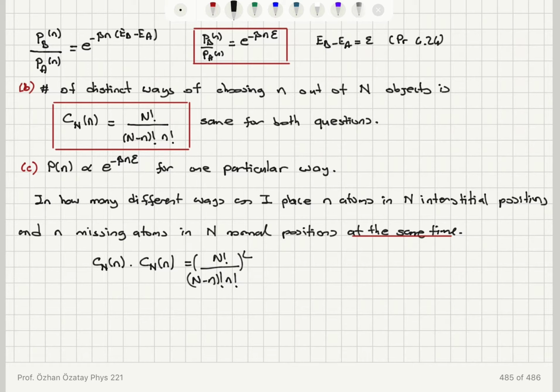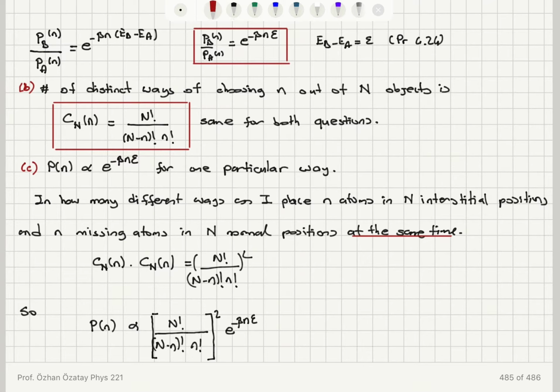So the probability of having n interstitial atoms is proportional to the number of different ways I can do this with the same energy. So this will be capital N factorial divided by n factorial times capital N minus n factorial, squared, times e to the minus beta n epsilon.